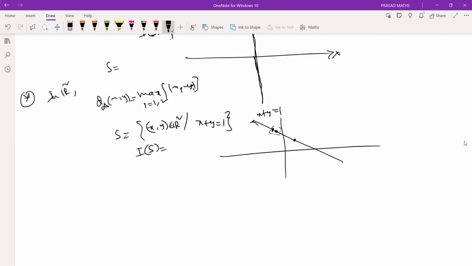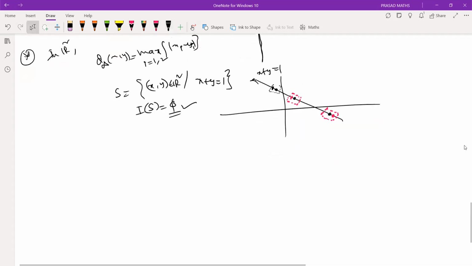Similarly, if you take this point, you take any open square around this, it contains at least one red point other than the black point. Therefore, the black point is a limit point. So what you observe, every point is a limit point. Therefore, the isolated set is empty. Is it clear?